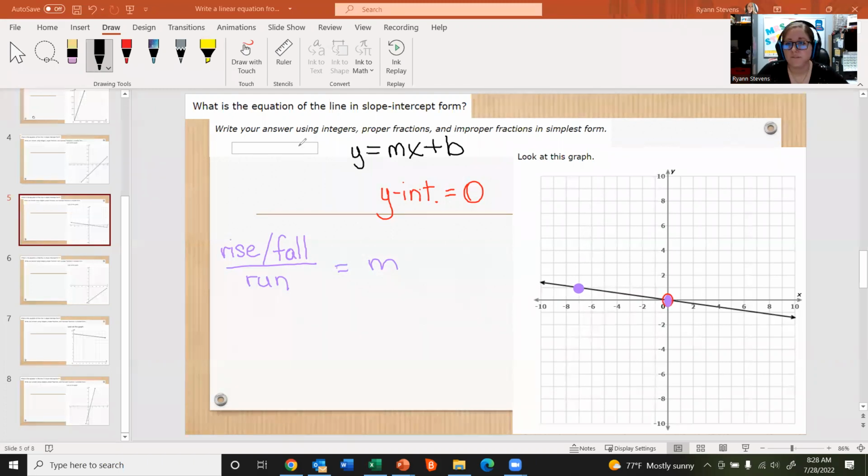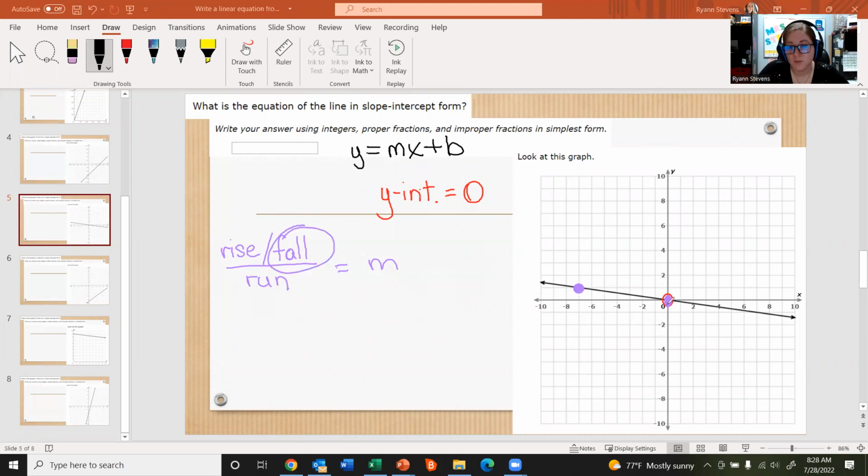When we read the graph from left to right, we see that the graph is going down. That's where we have a fall instead of a rise. We're going to be falling.